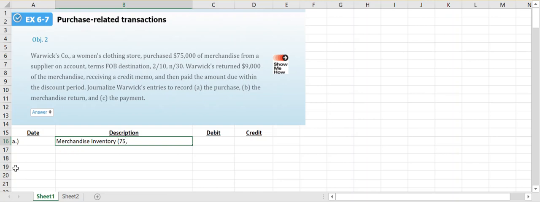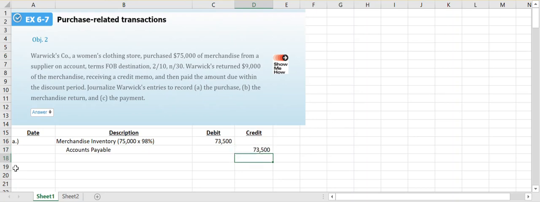Again, the list price, if you think about it like the sticker price, is $75,000, but they're offering us a 2% discount, meaning we're going to record it at 98%. 100% would be the full $75,000. 100% minus 2% says that we're going to record it at 98% of that full or gross amount, or at $73,500. And again, it tells us it was done on account, so we know that it's accounts payable. We're going to owe somebody that $73,500.